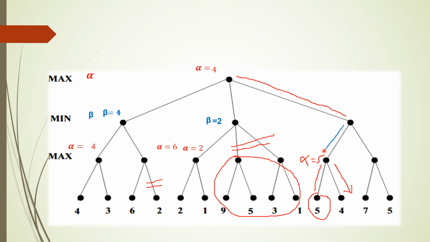No, 4 is less than 5, so alpha will return value equal to 5. Now at the top of this max is min, so min has no choice, so min will get this value equal to 5. So here beta is equal to 5.